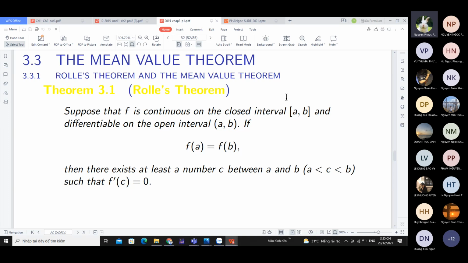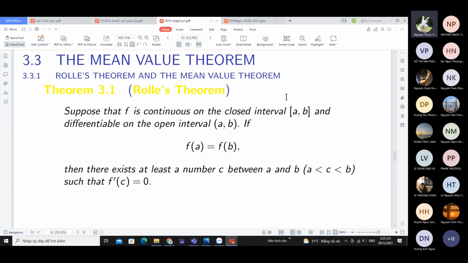Now, differentiable on the open interval AB, what does it mean? It means the function f has a derivative at any number x of the open interval AB. I mean f prime of x exists for any x of the open interval AB.